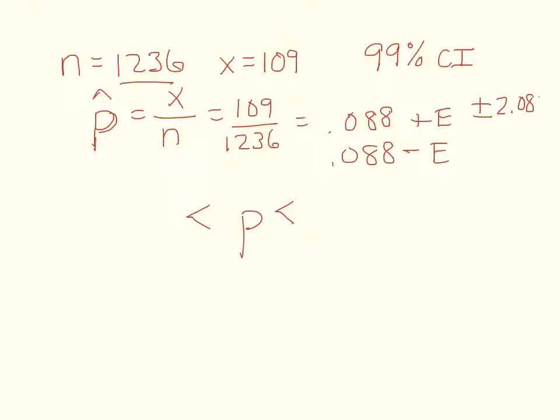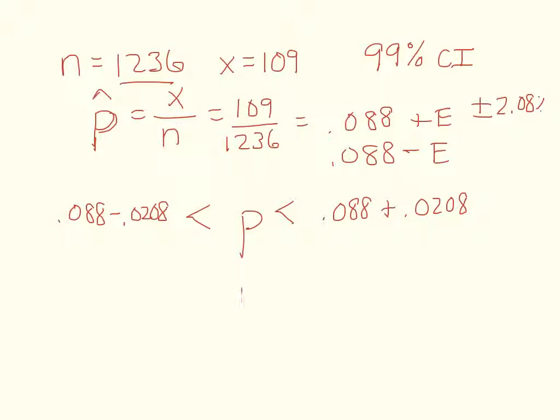Now remember, that's in percent. So in order to figure the top, we take our p hat and add our margin of error, which in this case becomes 0.0208. And we're going to take our 0.088 and subtract our margin of error of 0.0208.